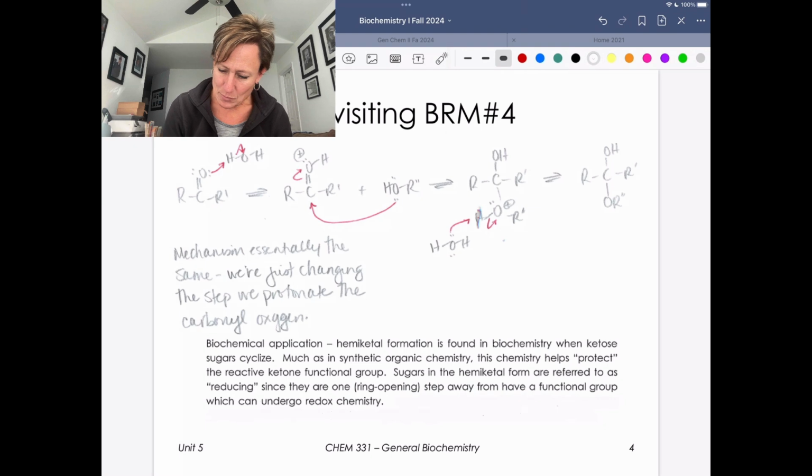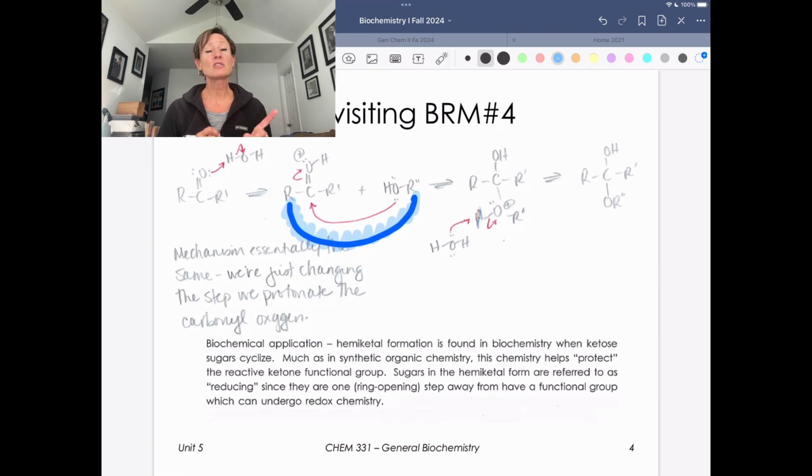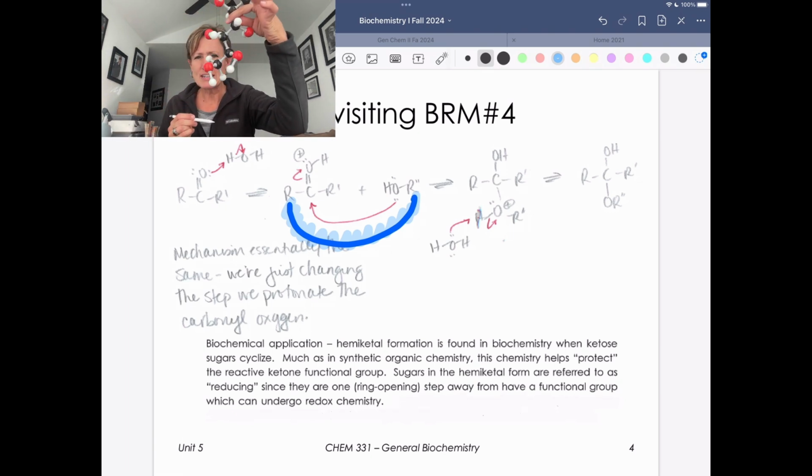The big key piece here is understanding, well, what if your two groups here were connected together? What if your alcohol was actually part of your carbonyl containing molecule? It's exactly what we have with sugars. Your carbonyl is part of a molecule that has a whole bunch of alcohol containing functional groups.